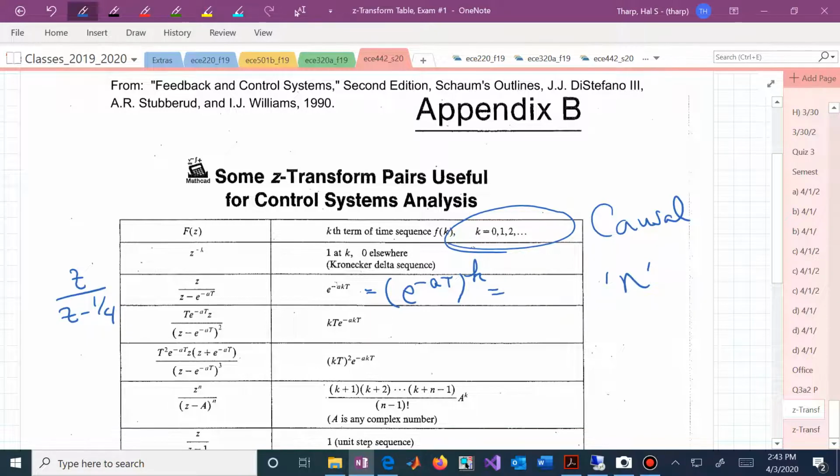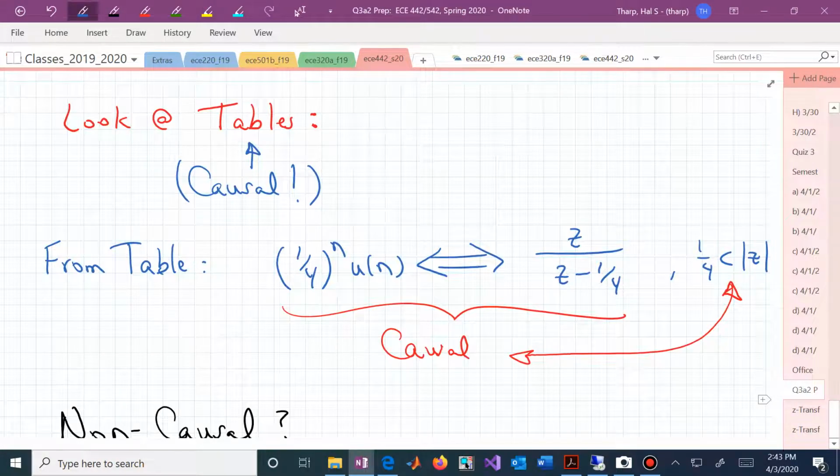So this e to the minus at is really the 1/4. Let me just use our n; I can't write a k to save my soul. So here is 1/4 to the n, and this is for causal, so this is u of n. From the table, the region of convergence is Z outside of our largest magnitude pole, and that's causal.